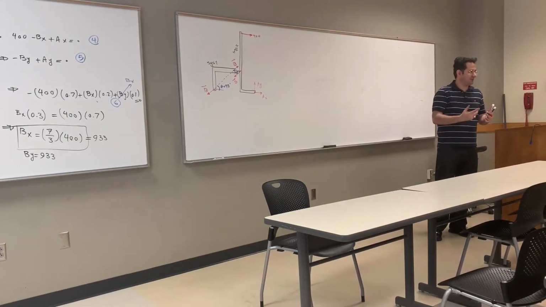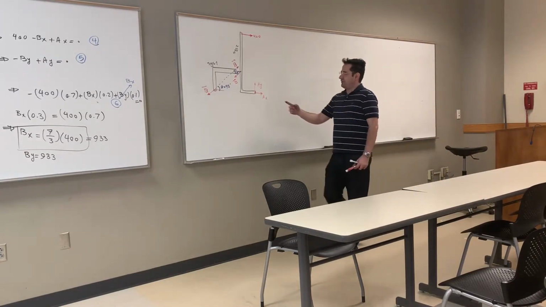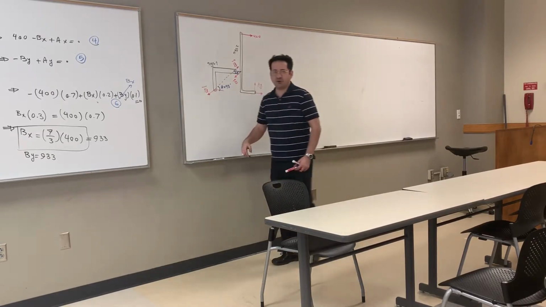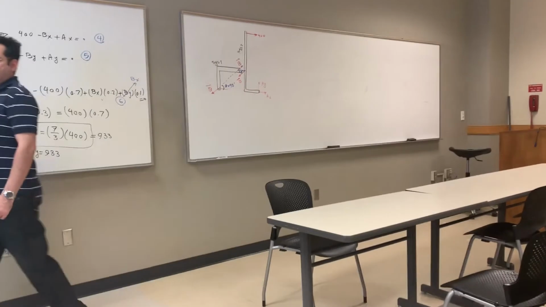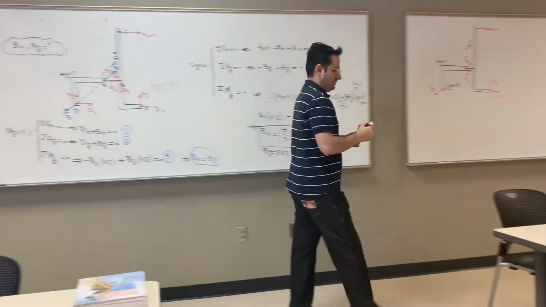This can help you accelerate your solution. Now, if I write the moment equation with respect to A, I get the magnitude of B, what the problem is asking for. So I can solve this problem with just 1 line.